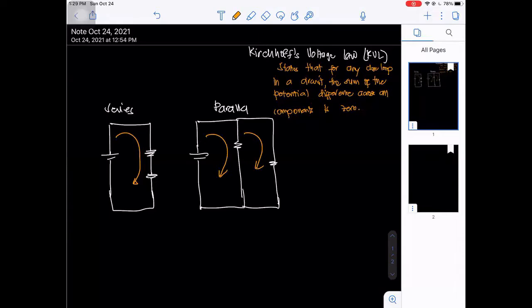So in series circuits, by the way, you can view resistors as light bulbs. As you add more light bulbs in series, the light will be dimmer.